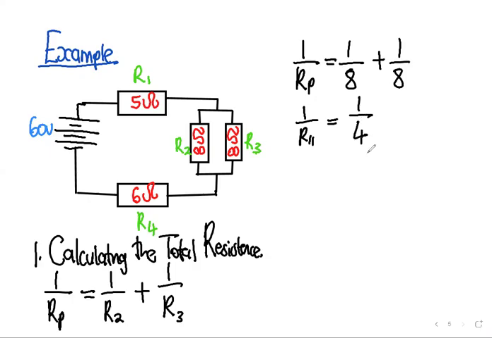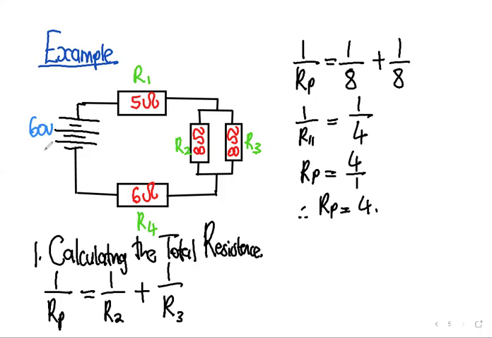Since we are looking for R parallel, we swap them, which is gonna be 4 over 1. Therefore R parallel is equal to 4.